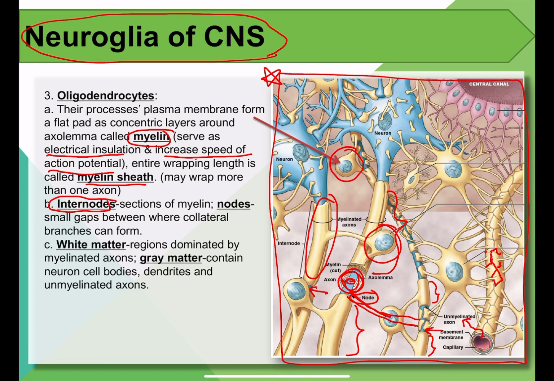Now, we talk about gray matter, and gray matter comes from Nissl bodies, which are from the rough ER and the ribosomes. Now, why we have white matter within the spinal cord and within the brain is because these are usually regions dominated by myelinated axons, because myelin is technically mostly made up of lipids.